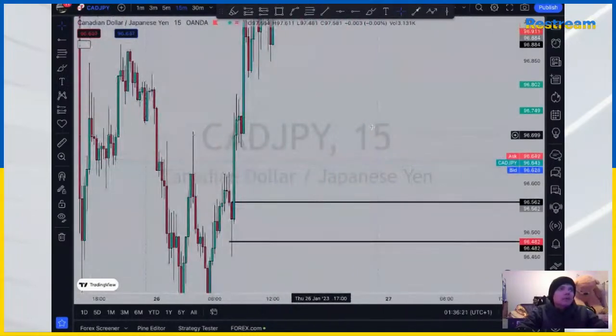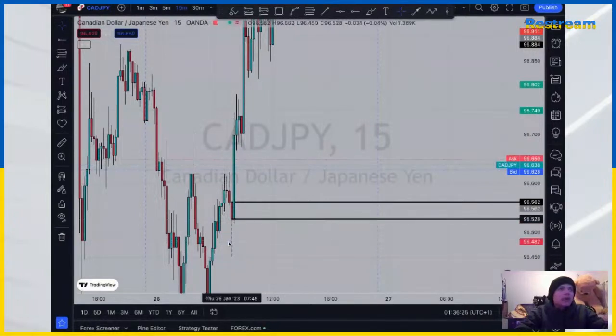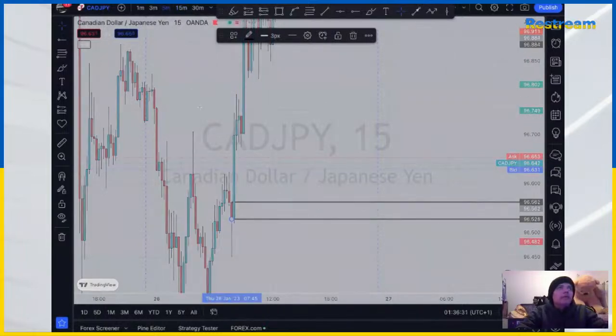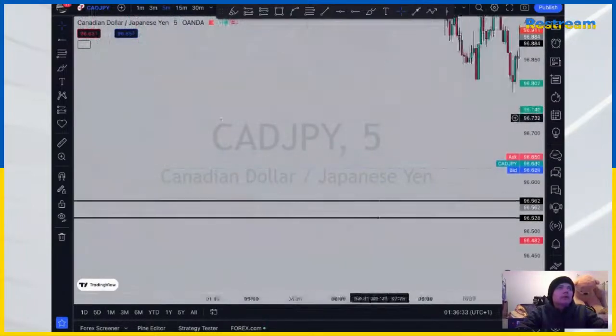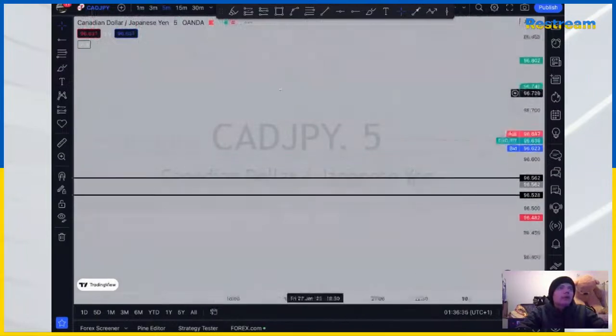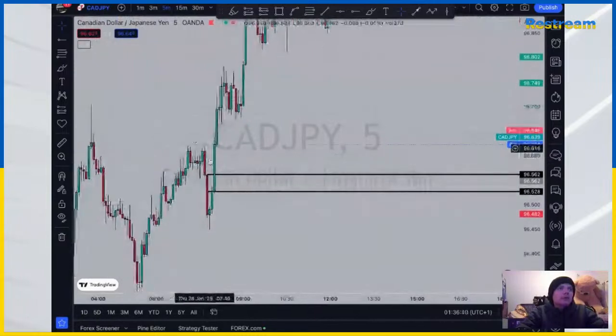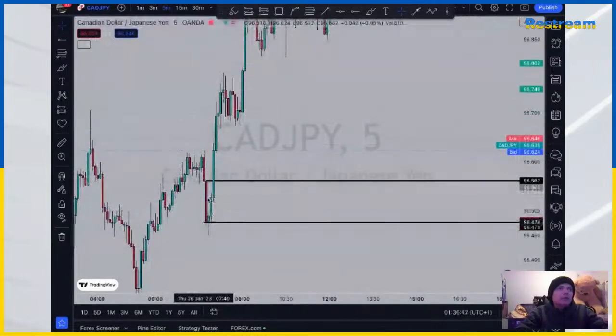All right, so basically I had this candle here, right? Then what I did, I went to the 5, and I refined that candle, because there are going to be 3 candles in there. So now I have this one with the stop loss in here.